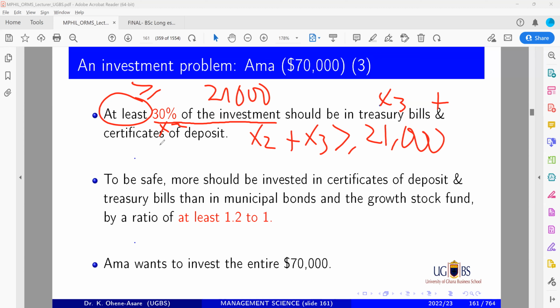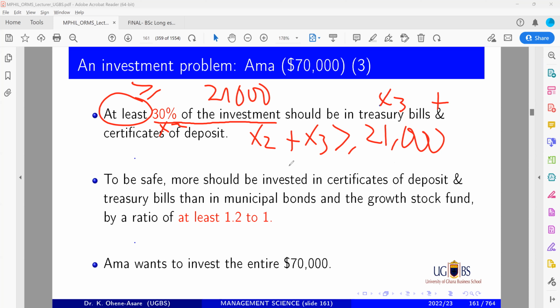Now, if you're actually writing this, because it comes below the previous constraint, it must also go under each one. So if the previous constraint is X1, X2, X3, X4, this one is just X2 and X3. So they should be vertically nicely arranged under the rest, because that is what Excel will do anyway. So X1, X2 plus X3 is not difficult to get because you know where it comes from.